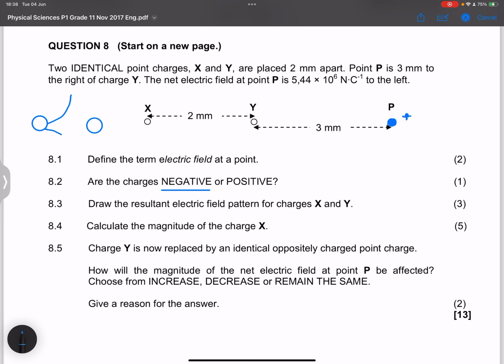Okay, so there's my charges. It was misbehaving at first. Now please remember, because we're dealing with negative charge, we know that the field lines would be moving towards the point charge, towards the center, and that would be the same also for the other point charge as well.